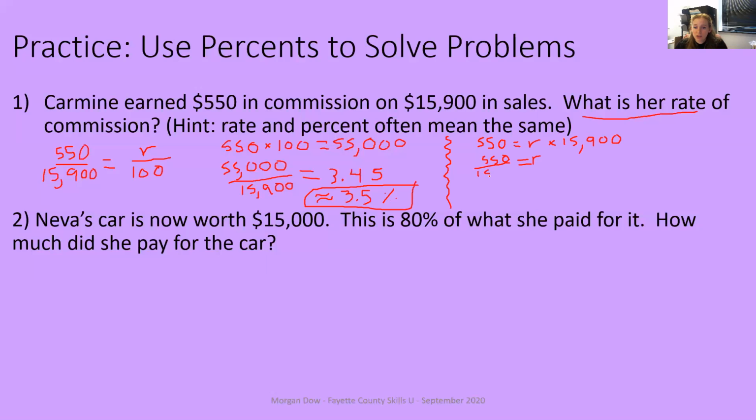So already this is starting to look really similar to that proportion that we just set up, right? Because the proportion was 550 over 15,900 equals our percent. So we basically have the same thing. 550 divided by 15,900, that will give you your answer as a decimal. You'll get 0.03459 something, something, something.